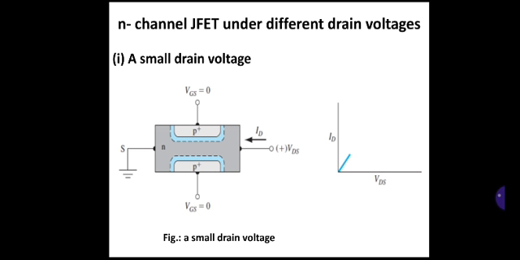Here we are varying the drain voltage by keeping VGS equal to 0. So this figure is a replica of the figure in 0 gate bias. For 0 gate voltage and a small drain voltage, the characteristic curve is also shown here, VDS versus ID.